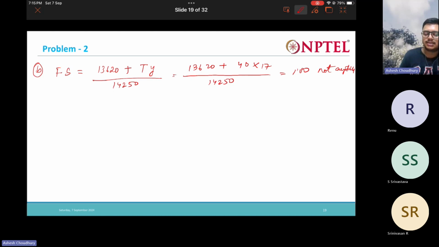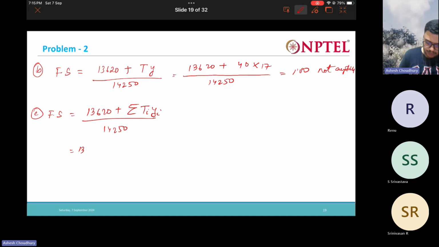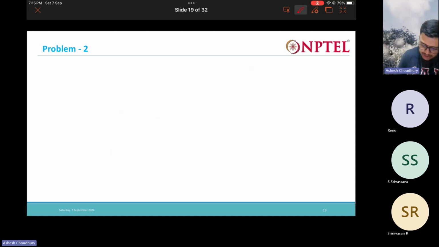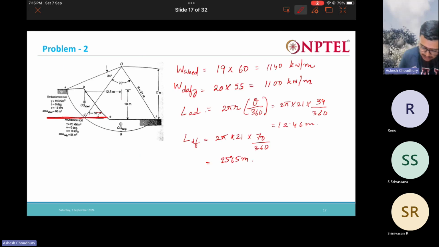Now let us see, if we provide 10 layers of reinforcement, what will be the case? Plus now we have the summation of Ti yi. T is the same for all, but the heights are going to change, right? Because like this, like this, like this, 10 reinforcements you are going to apply.